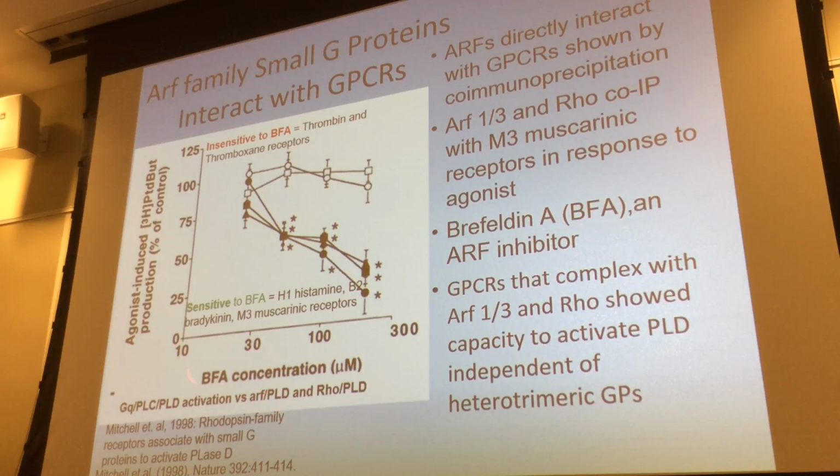Radioactivity is going down the more of this toxin you have in there, called Brefeldin A. Brefeldin A, it turns out, is an inhibitor of the small GTPase ARF.